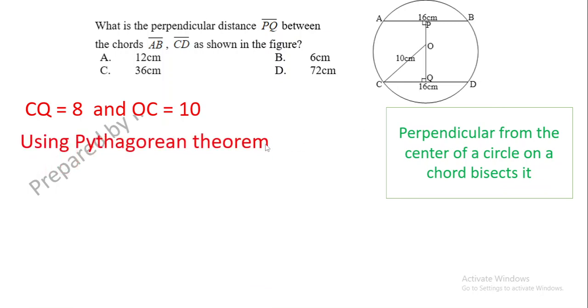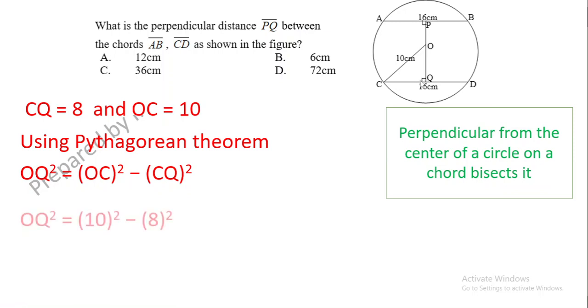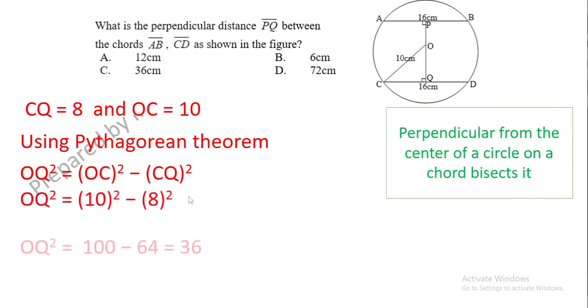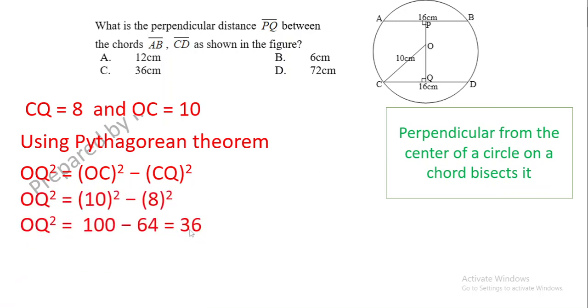Now using Pythagorean theorem, this is my hypotenuse, this is my base, this is my perpendicular. So we can easily say that I need to find the value of OQ. So by using Pythagorean theorem, you have this equation. Substitute the values and you will get the value of OQ. Actually this OQ means this whole square, just like this one within the bracket.